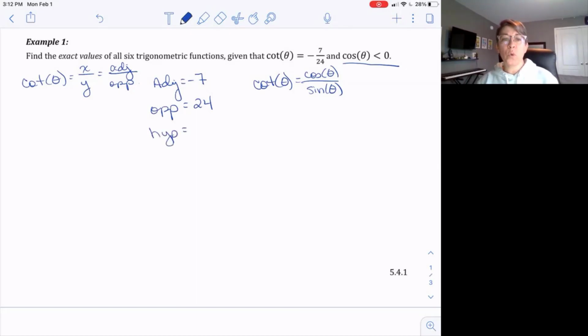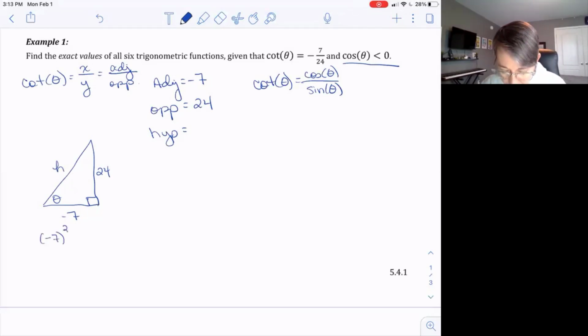I find it helpful to actually draw a right triangle and label the sides that we know. Don't worry about which quadrant it's in right now. We know the signs. So the adjacent side is a -7. The opposite side is a 24. So in order to find our hypotenuse, we're going to use the Pythagorean theorem. -7 squared plus 24 squared equals our hypotenuse squared.